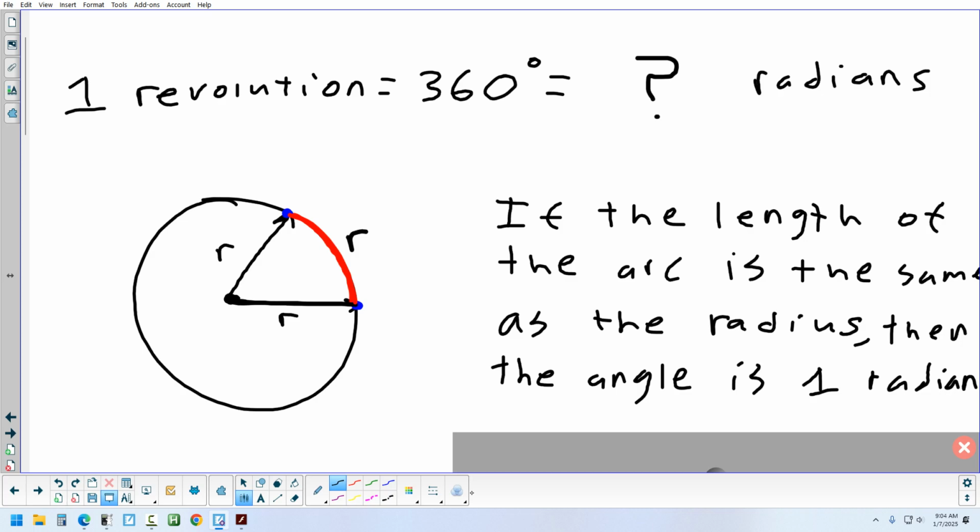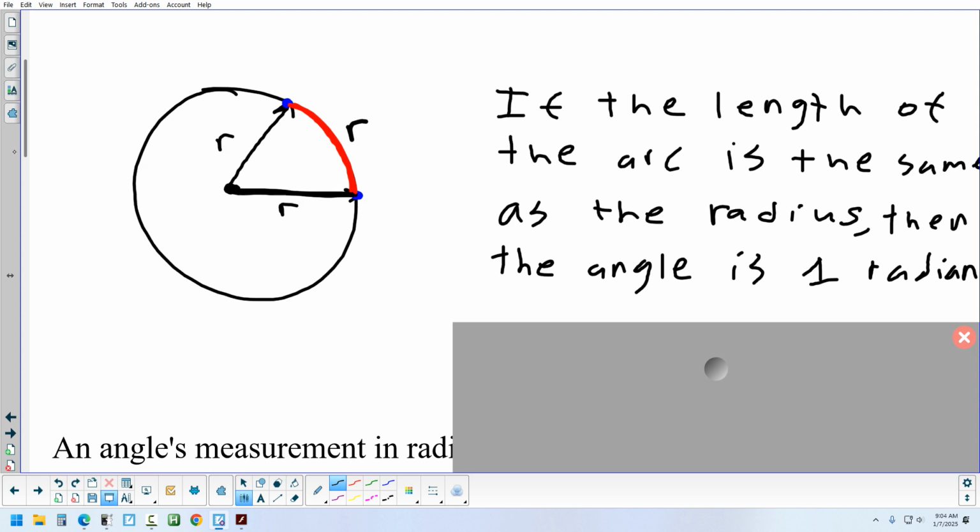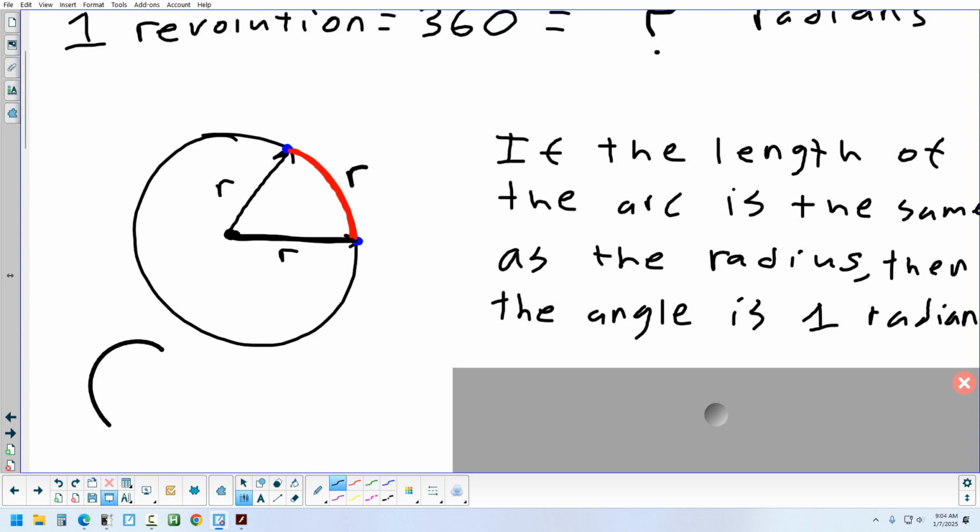Now, is this length and the arc length always the same? No. If I drew a circle like this, and I drew an angle like that, look at the length of this arc in red, and compare that to the length of the radius of the circle.